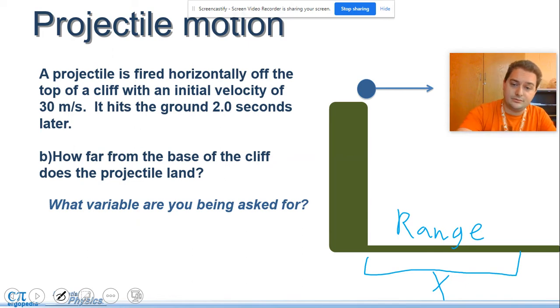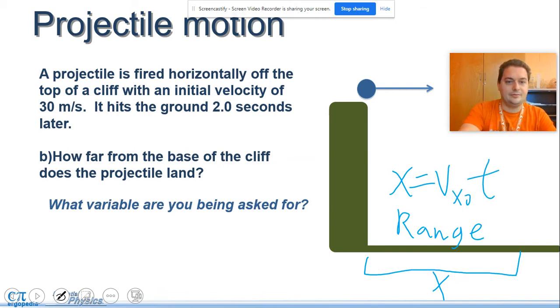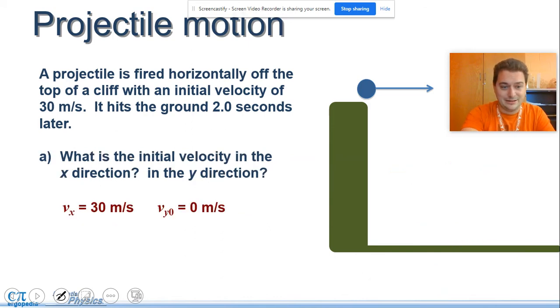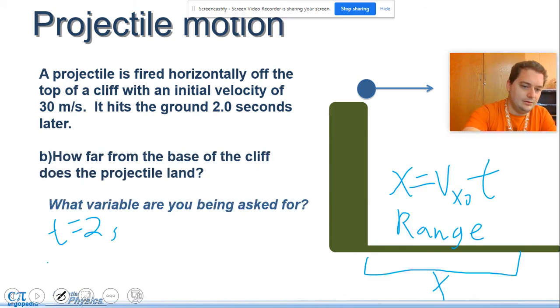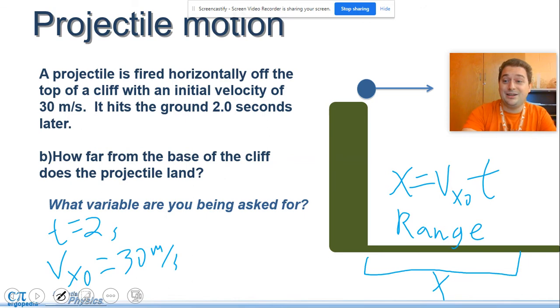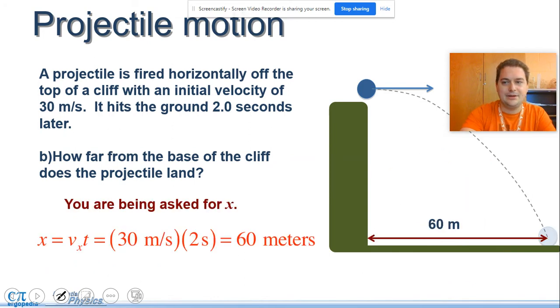Range, x equals Vx0 times t. Do we know the time? Sure. We said time is 2. Do we know the initial x velocity? Well, we did it in the last problem, didn't we? There it is. 30 meters per second. Plug it in. 30 times 2. Done. 60 meters.